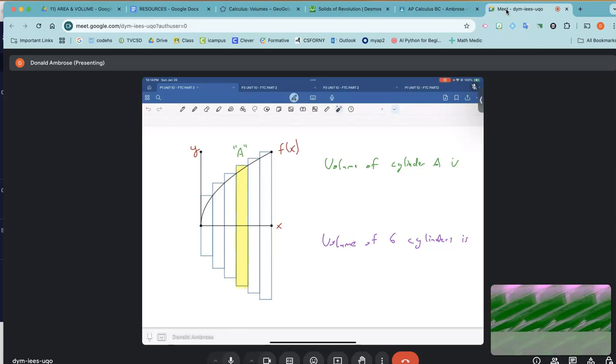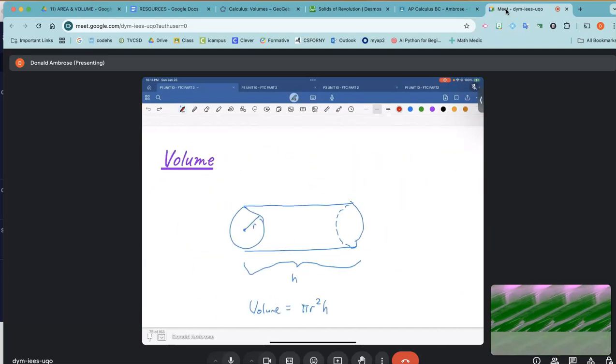So with that being said, again, first we'll look at this cylinder here that I've highlighted in yellow and I've labeled as A. And so, for the volume of that cylindrical disc, again, volume of a cylinder, pi r squared h, so we need to know the radius of the base cross sections, those circular base cross sections, and then the height.